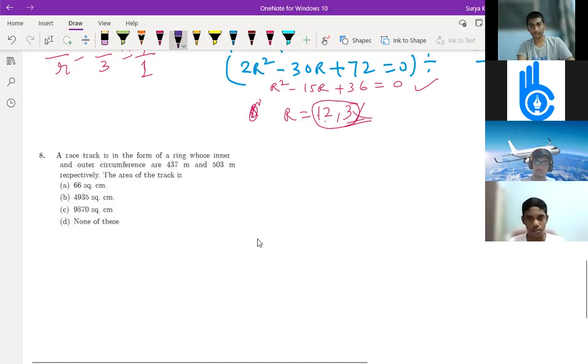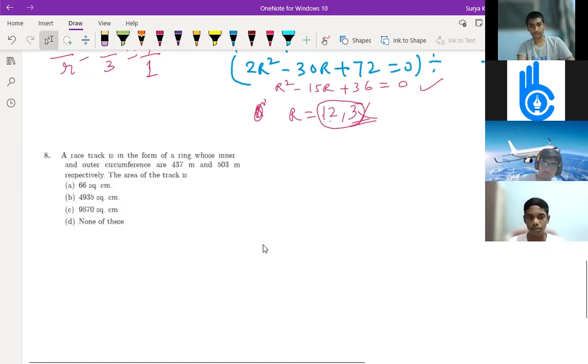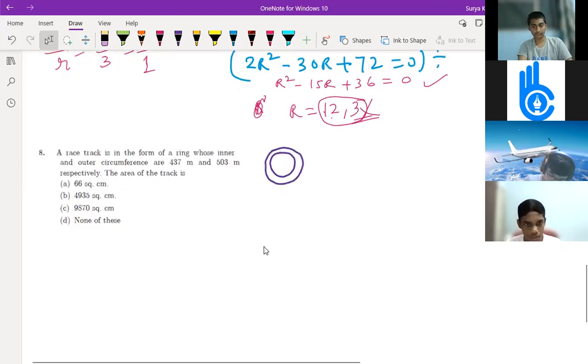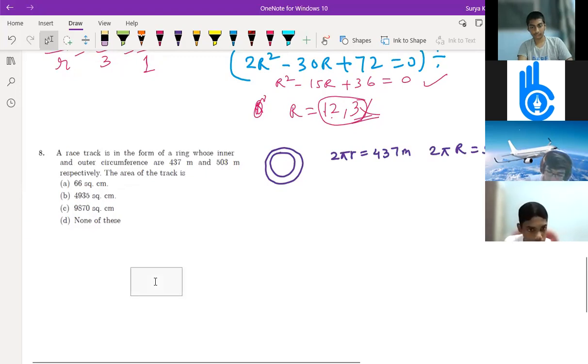Inner and outer circumference were given. It means the ring is like this, right? So inner circumference 2 pi r is given 437 and outer 2 pi capital R is given 503 meters. What is the area of the track? That you can find easily if you know capital R and small r.